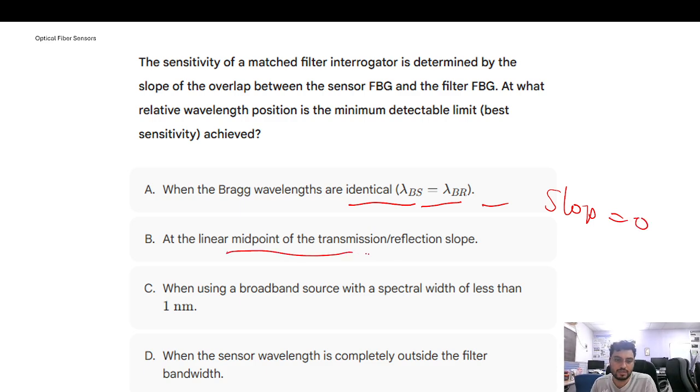But at the midpoint of the transmission and reflection slope, it will be maximum. So this is the correct answer. At what relative wavelength position is the minimum detectable limit best sensitivity achieved? Obviously at the maximum slope we can achieve best sensitivity.